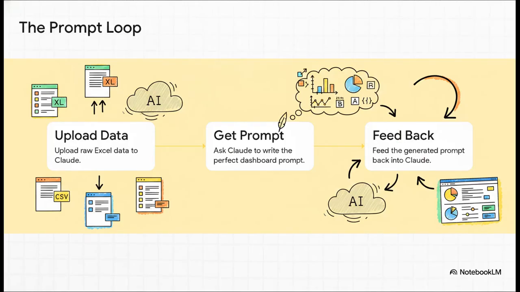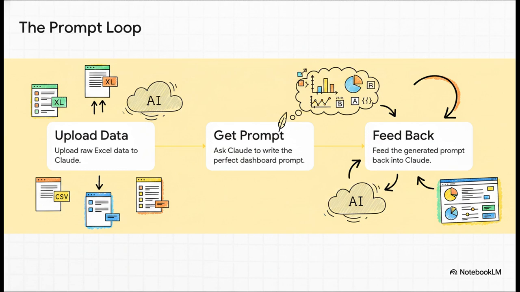So, the real magic happens in this mind-bending 3-step loop. Step 1, you upload your raw Excel or CSV data to an AI, like Claude. Step 2, and this is the kicker, you do not ask for a dashboard yet. You ask Claude to analyze the structure, the variables, and the relationships in the data, and then write the perfect prompt for a dashboard.